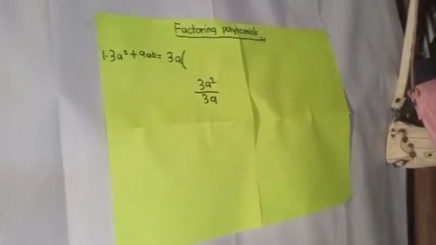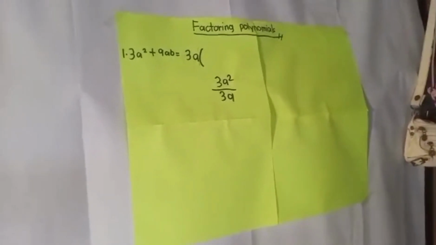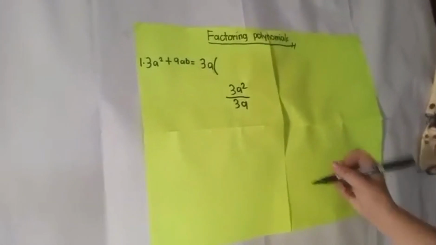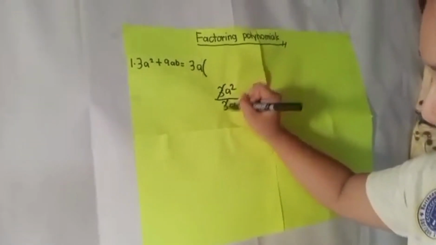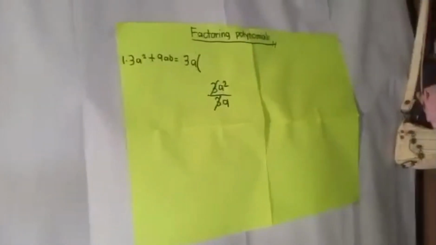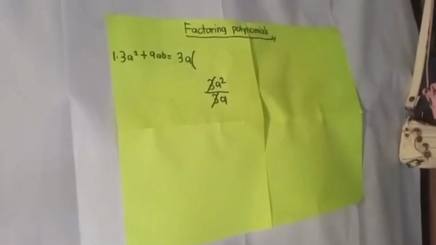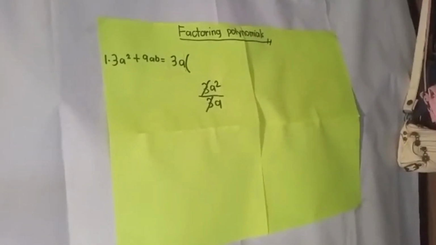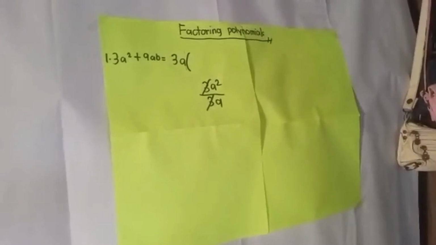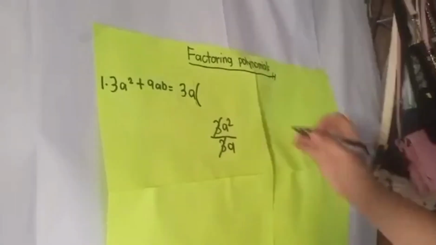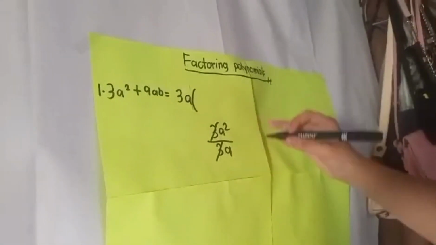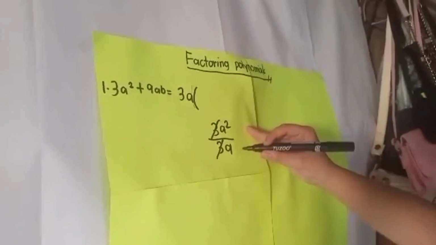So, 3 tsaka si 3 makakancel out. May dalawang a sa taas, may isang a sa baba.